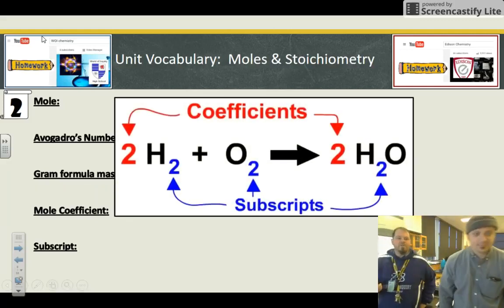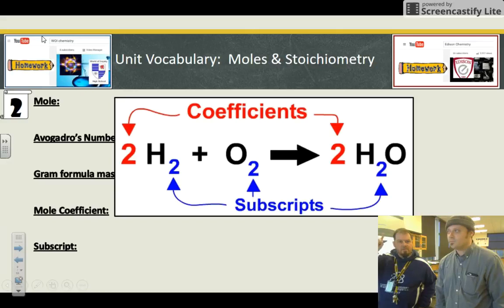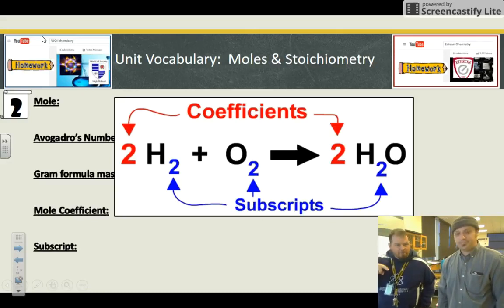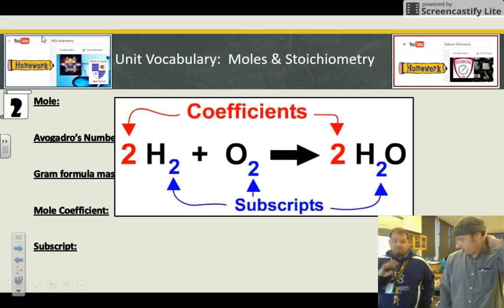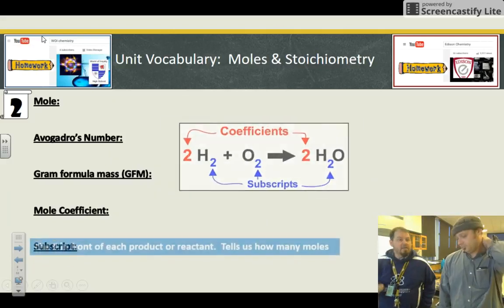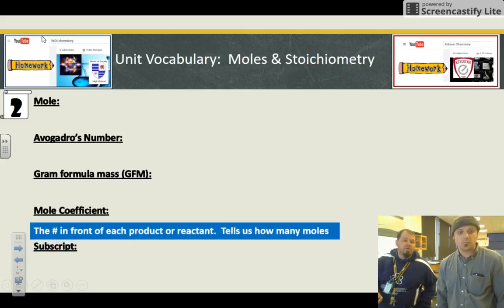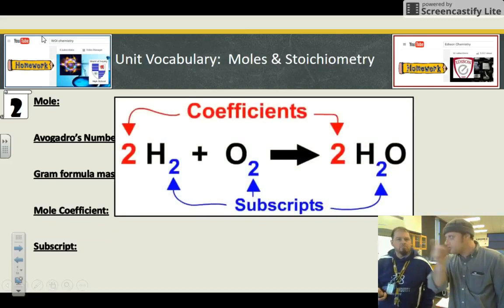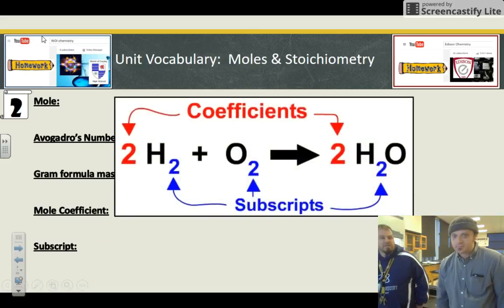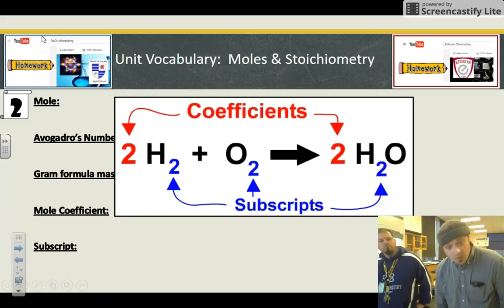All right, mole coefficients. See the numbers in front, coefficients in red. Coefficients come first, just like in math. We're not going to deviate from this unit at all. This is the number in front of the product or the reactant that tells us how many moles. Call that the mole coefficient. How many units of each molecule are in that equation? Now, subscripts in blue.